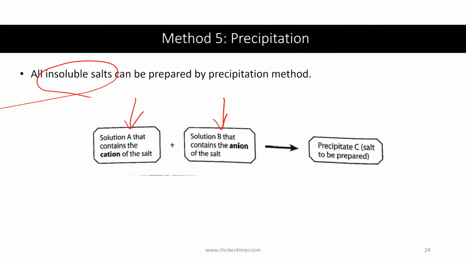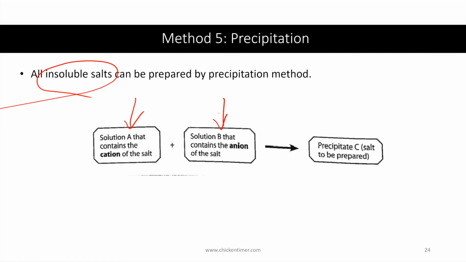Okay, back to precipitation. So to make something by the precipitation method, first criteria, the thing must be insoluble. Then second thing is you need to know how to choose your reactants. So the reactants you choose must be soluble in water.